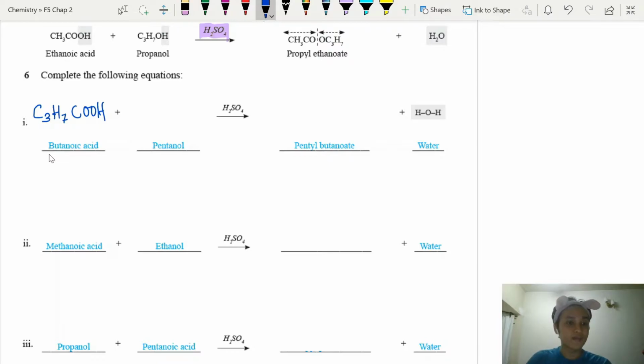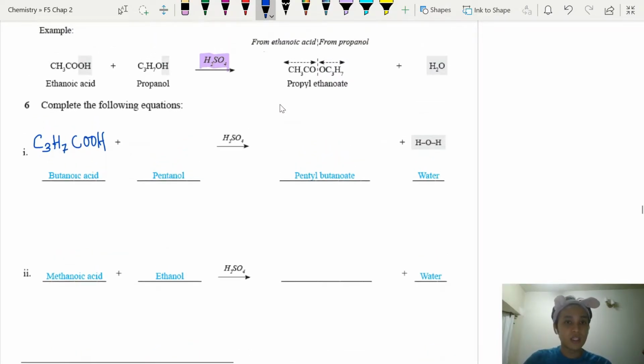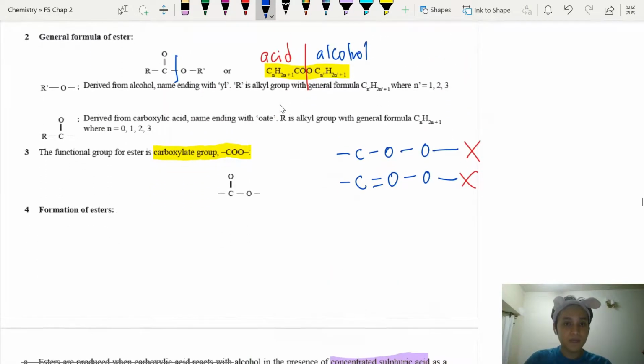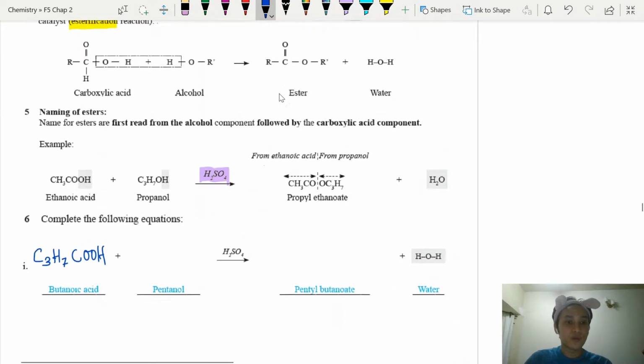Remember butanoic acid has 4 carbons including this carbon here. If you look at the general formula for your acids, this part, CnH2n plus 1, so here n is 3, this one will become 7. So do not forget that.